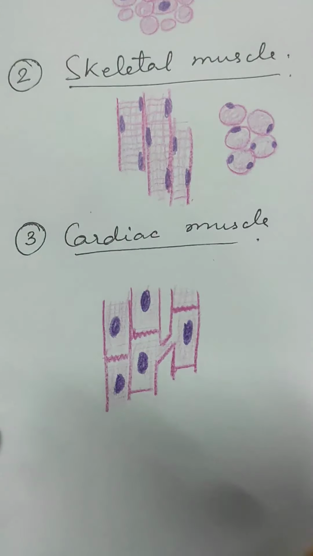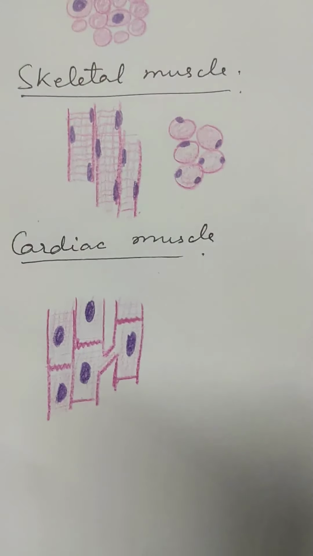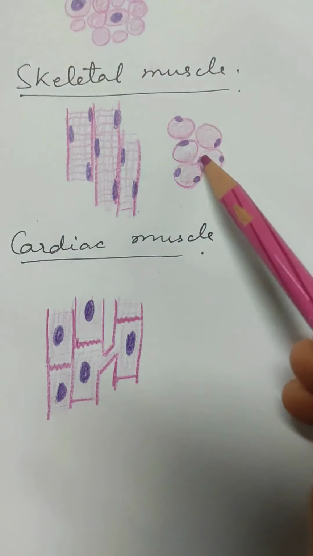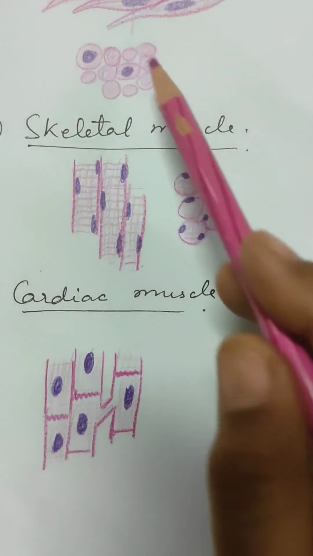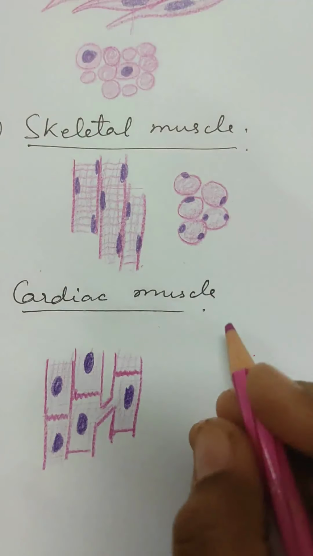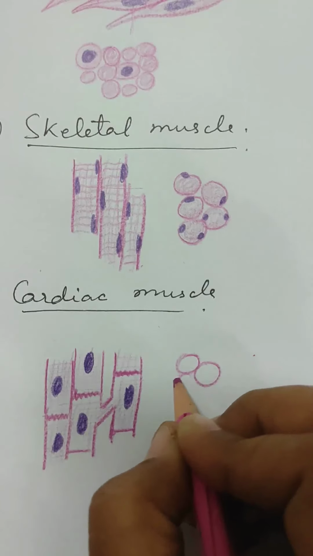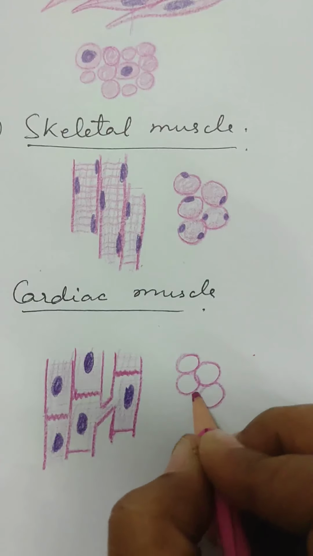Now when you take a cross section here, you have to notice the difference between the three. So when you draw, there will be circles of similar size, no big and small circles.